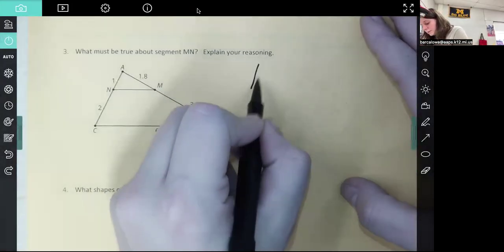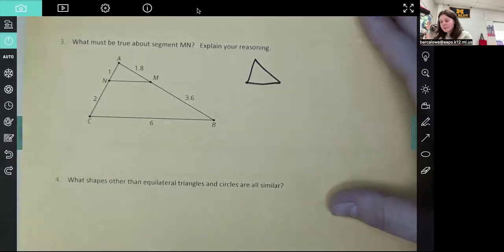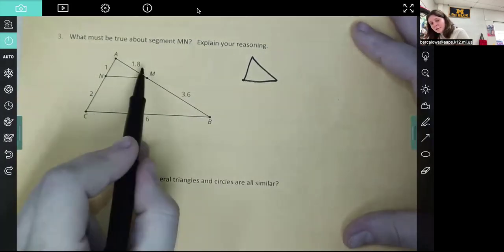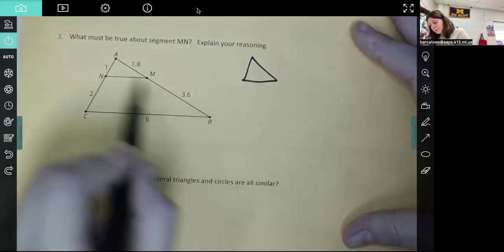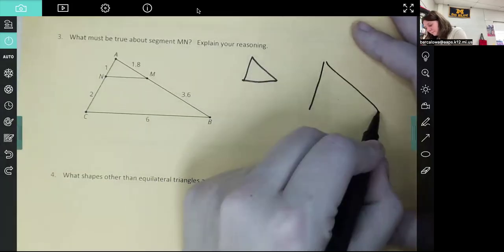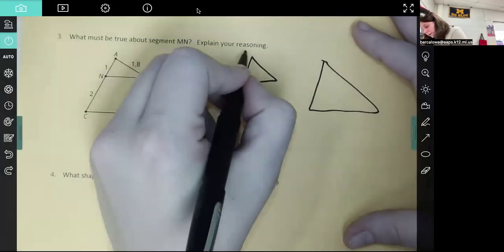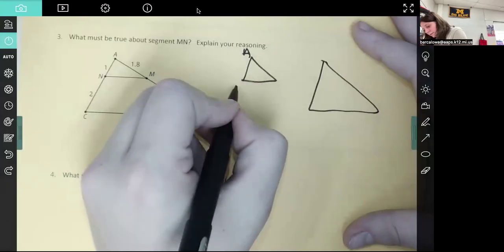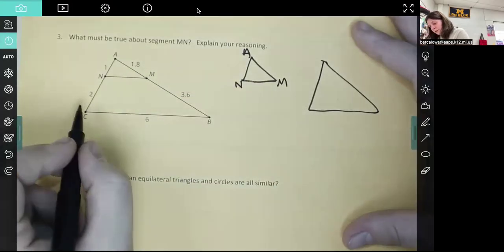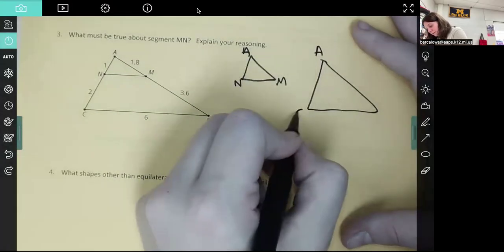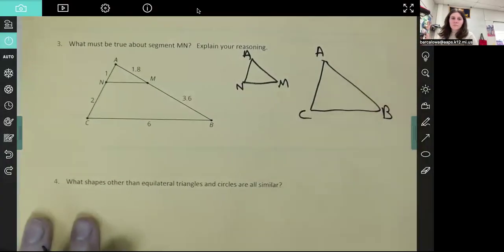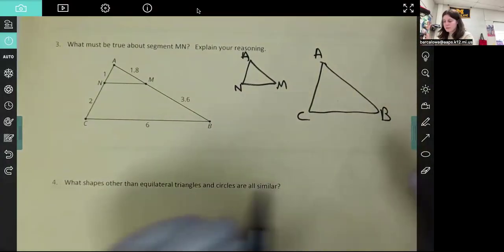Draw the 2 separate, because it'll be easier to see my corresponding parts. So I have a small triangle and a big triangle. Right? So A and M and A, C, B. All right, I got my points all settled.